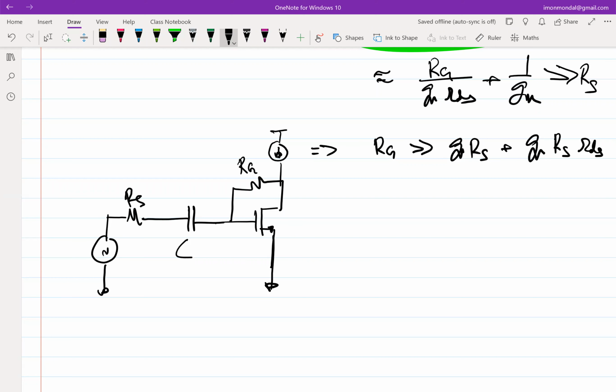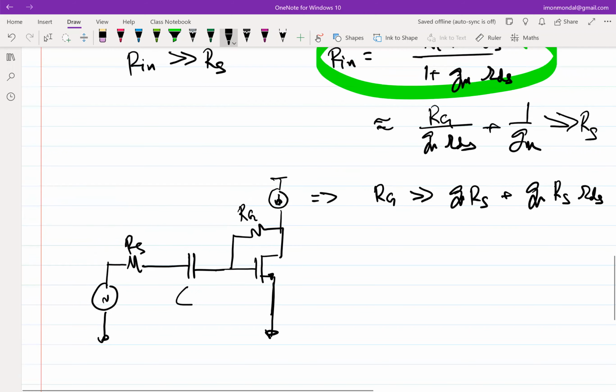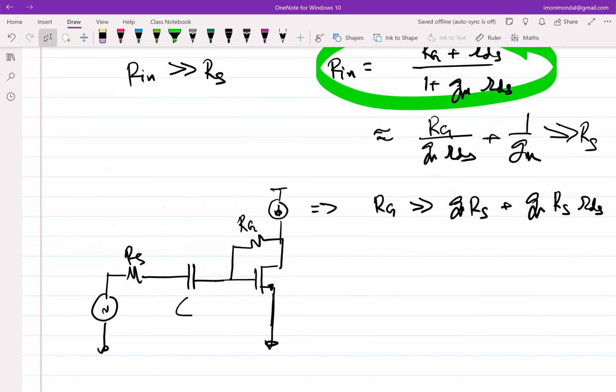This is a first order circuit. You have one capacitance and a bunch of resistances, but effectively you can reduce it into one capacitance and one equivalent resistance. So what is it? GM RS RDS minus RDS.